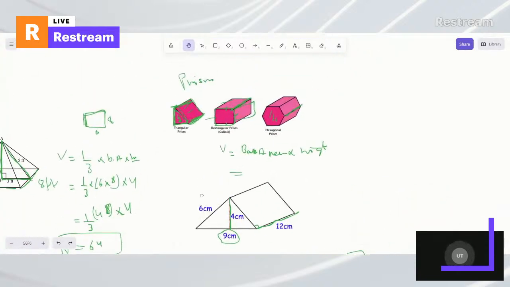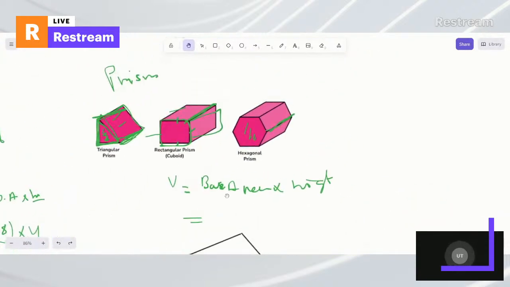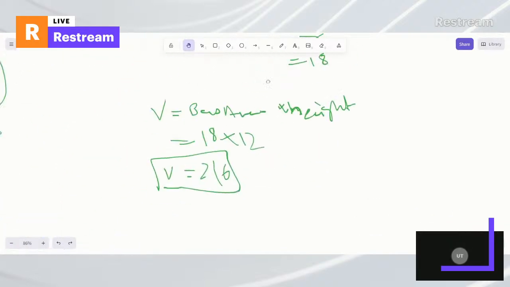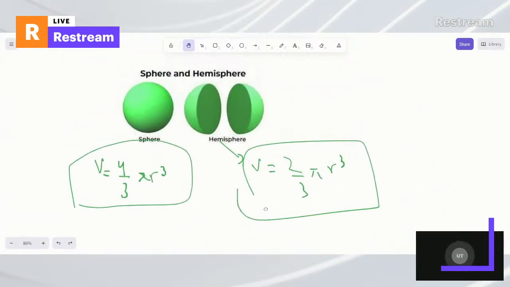And this is for the prism as well: base area times height. Moving down, we have the one for the sphere, which is 4 over 3 pi r cube, and for the hemisphere, which is 2 over 3 pi r cube.